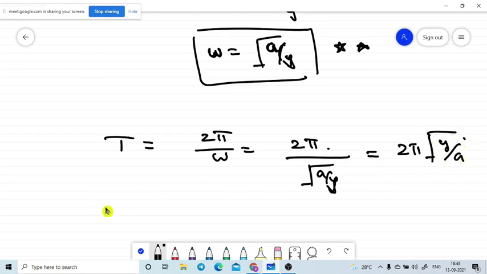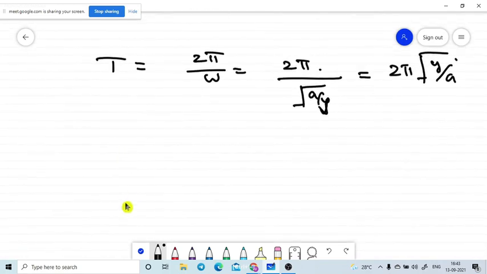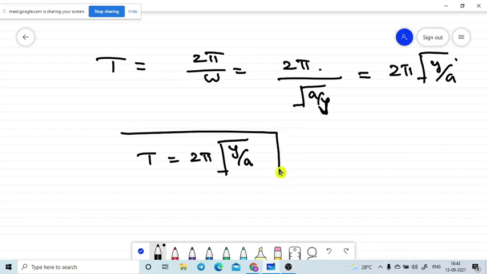No issue? So this is also one important equation. We can find the time period with the help of the displacement and acceleration of the particle.